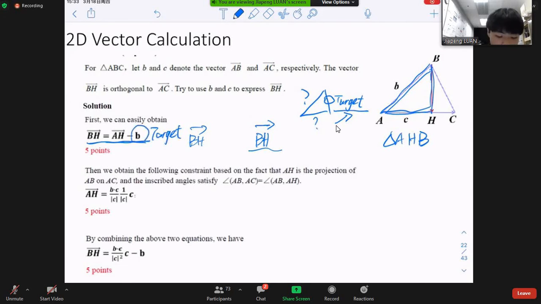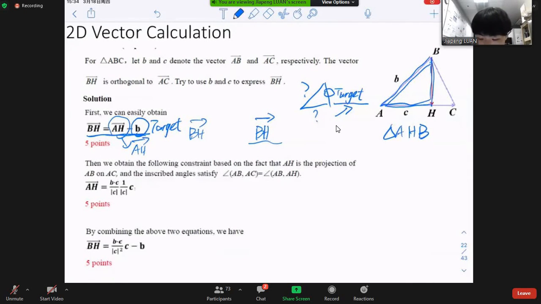And then you already have B. You just don't know what AH is. So the critical part is to calculate this AH. First thing, I think you remember that a vector not only has a direction, but also has a magnitude. So these are the two things you need to know.